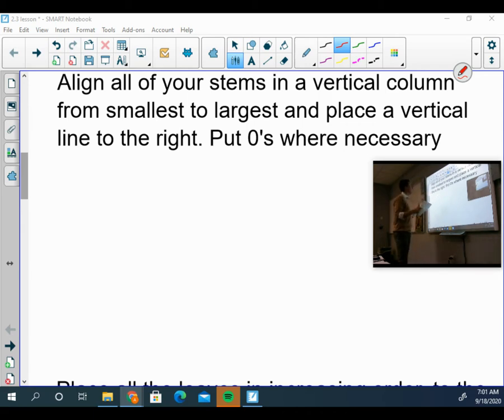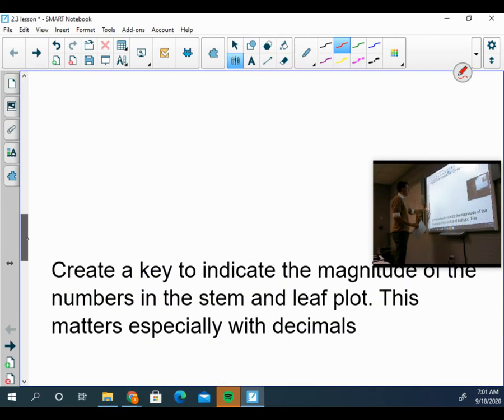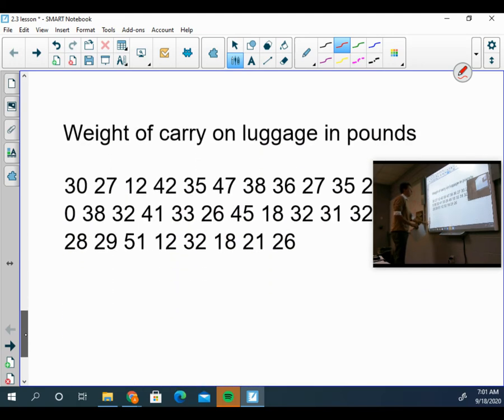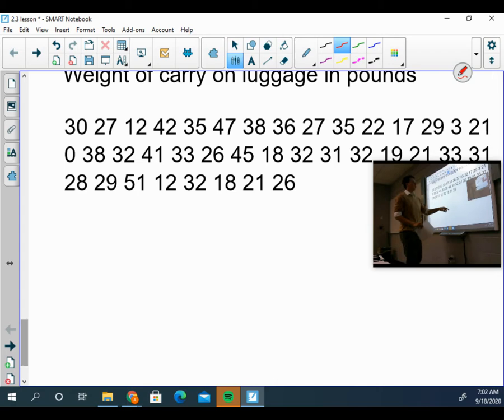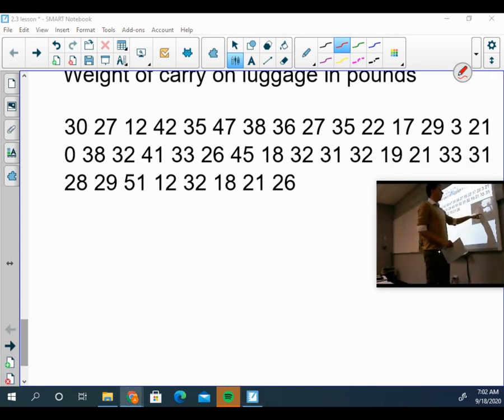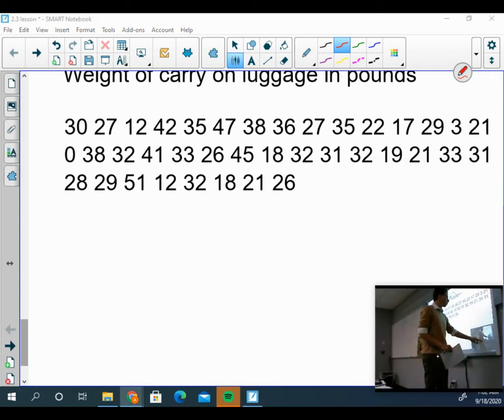We will take all of our stems, organize them in a vertical fashion from smallest to largest, and place a vertical line to the right, and we'll put the zeros where necessary. So what is this going to look like? Well, let's look at an example in order to really understand this. Again, I promise I will scroll back up. If you need to go back, pause the video to finish writing down that definition, go for it.